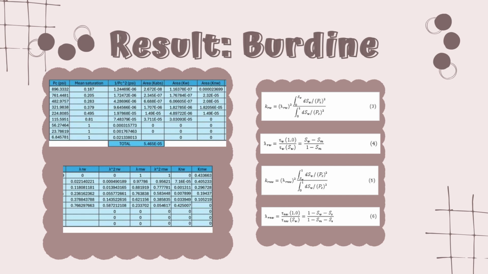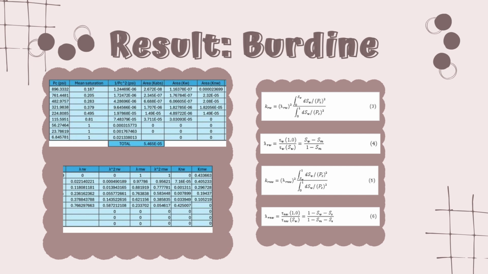And then we need to square the total saturation ratio before multiplying with the effective area for KRW and dividing by K absolute, which is the summation of area from each of the 6 intervals that we have. The same applies to KRNW.